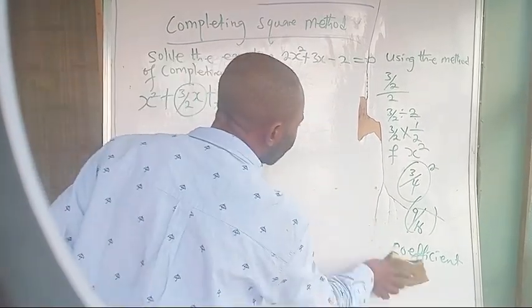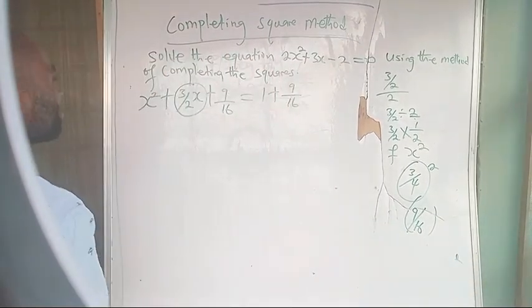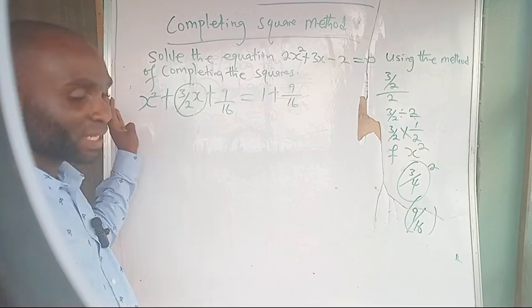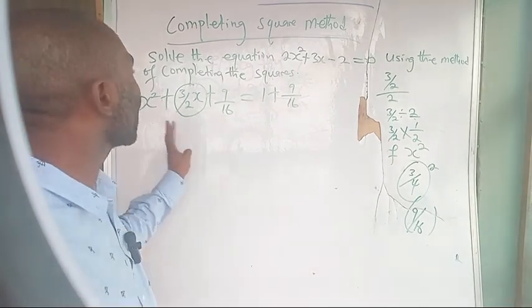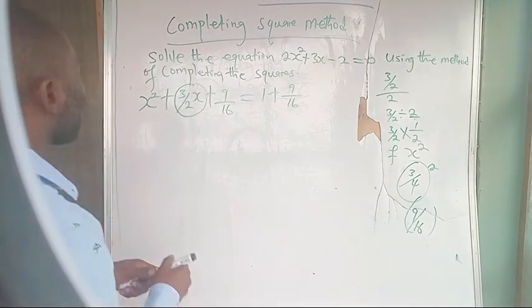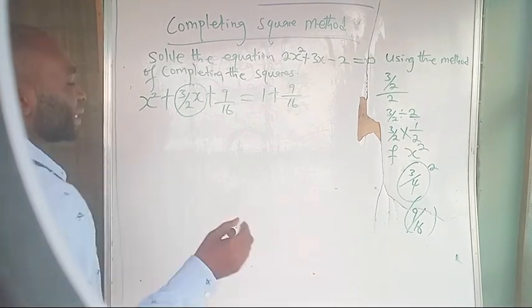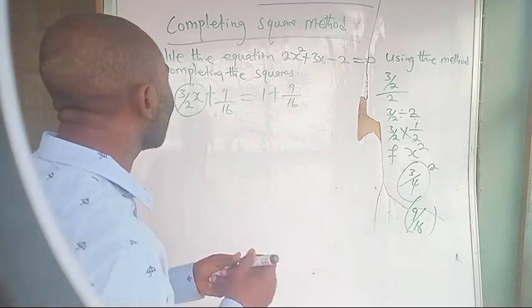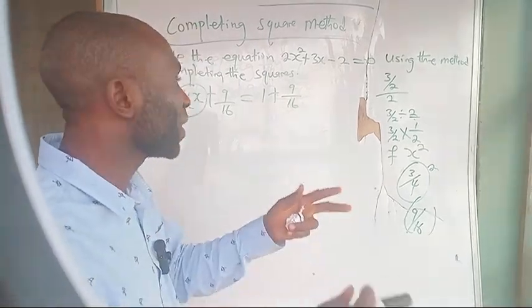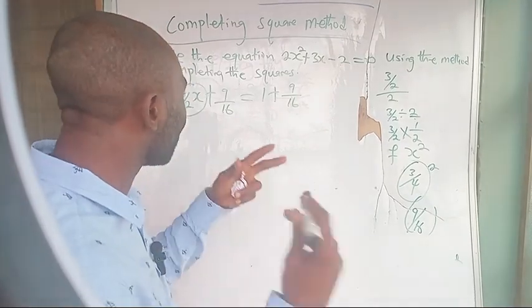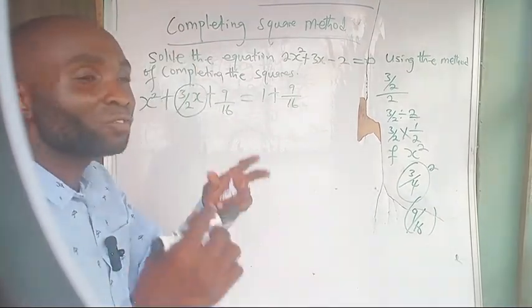Now, since we discovered that our left hand side has formed a perfect square expression, what we'll do is put it in a perfect square, because when you factorize a perfect square equation, you're going to have double roots.